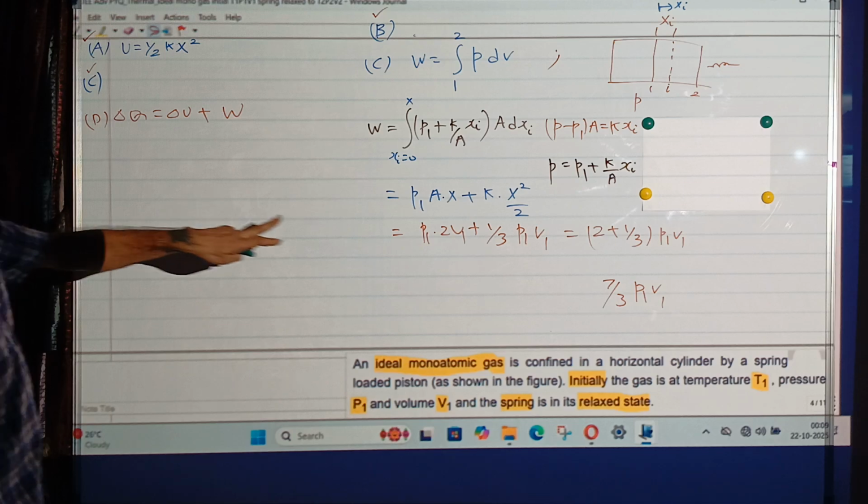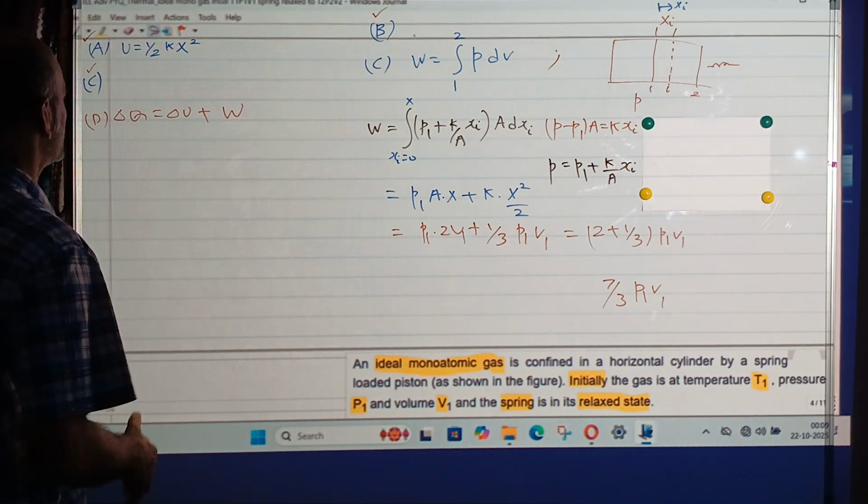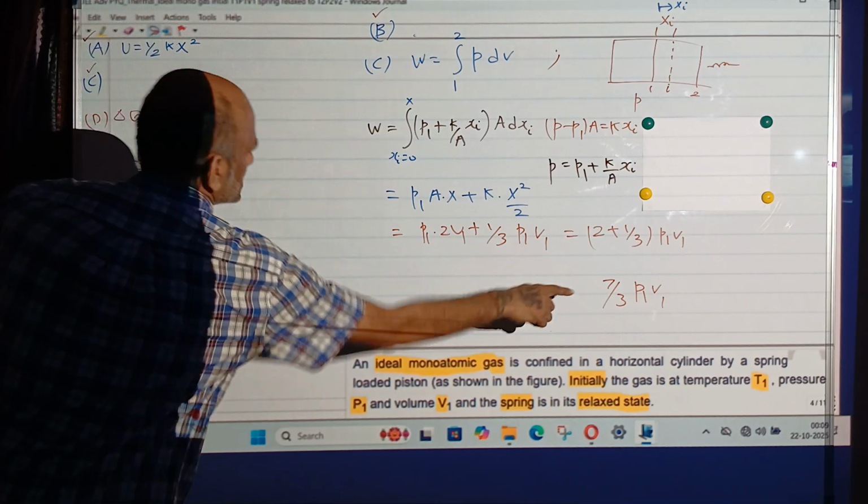Work done in option D is the same as option C because the increase in volume and temperature ratio are the same. So work done is 7/3 P1 V1.